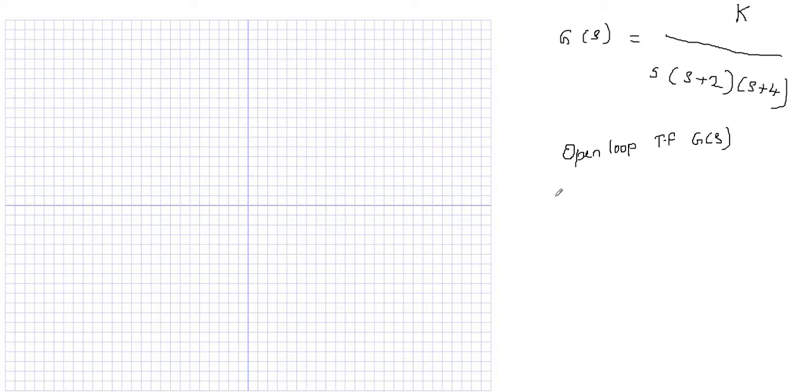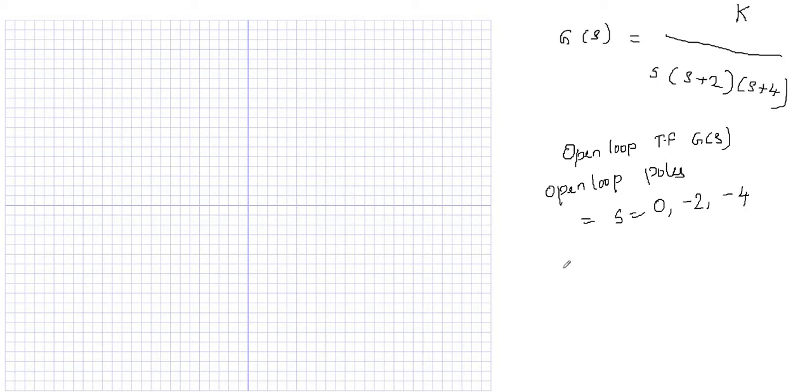So what are the open loop poles? The open loop poles are s equal to 0, minus 2, minus 4, because this is the denominator.